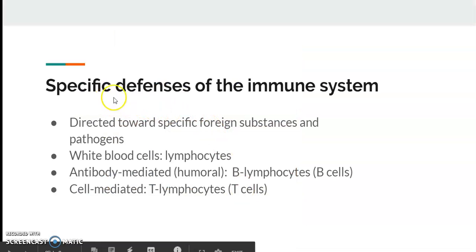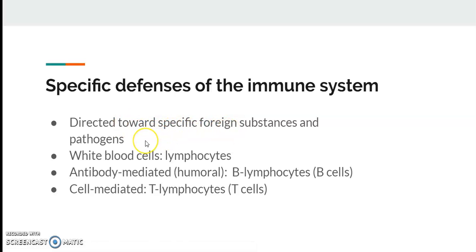Okay, so the specific defenses of the immune system. These are, again, directed towards specific foreign substances and pathogens. All right, this is the white blood cells or the lymphocytes. And there are two branches to this response. There's antibody-mediated, or sometimes it's referred to as the humoral response.